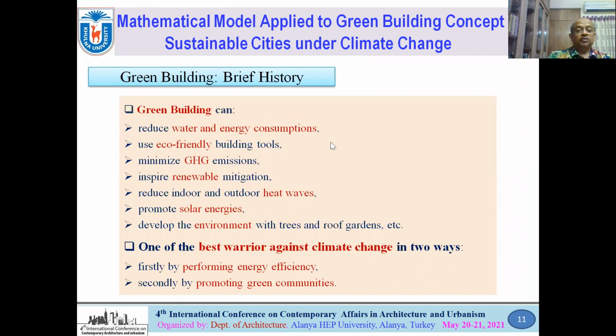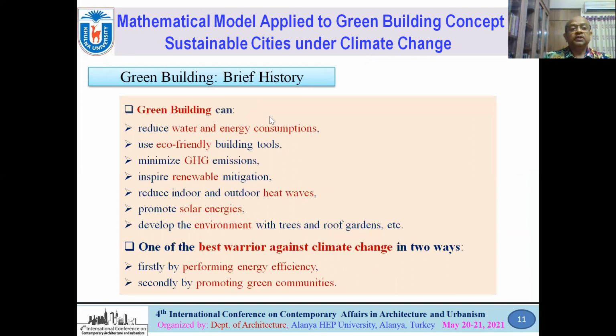And towards meeting this sustainable goal, green building is our main idea to construct and renovate all the buildings in the urban area. So what is the green building?